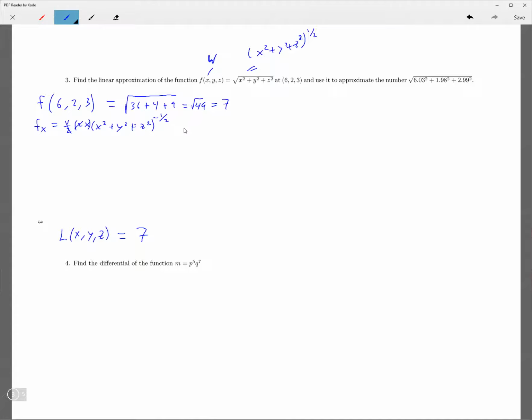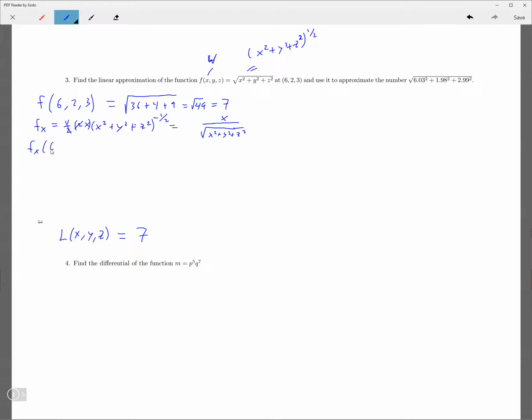So we basically get x over the square root of x squared plus y squared plus z squared.